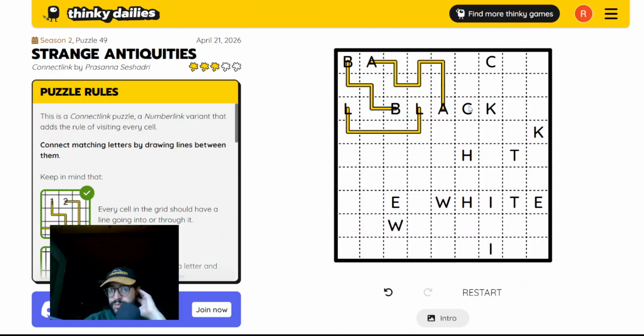Okay. Now what's going on here? The C's can connect like this, but the K's will have to do this weird turn around. The T will have to come out like this so you can connect.